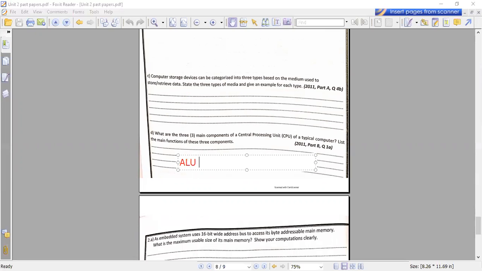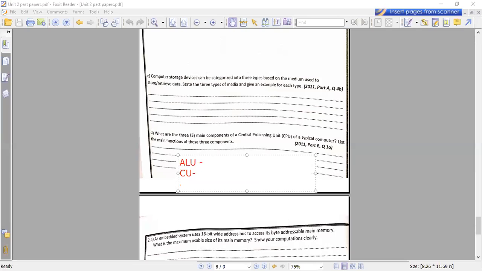In front of that you can write perform mathematical calculations and perform comparison of data. Then you can put control unit, CU: decode instructions and control the computer components.